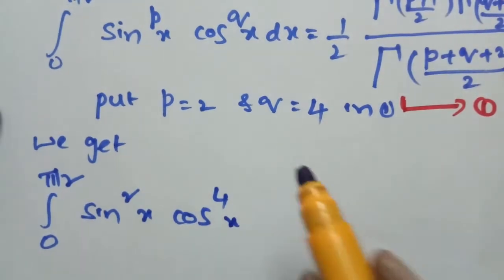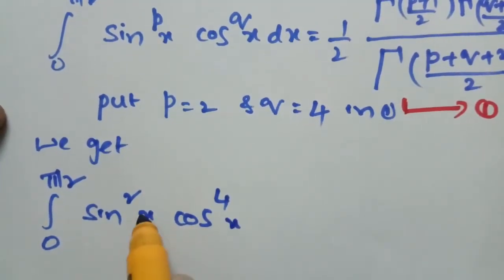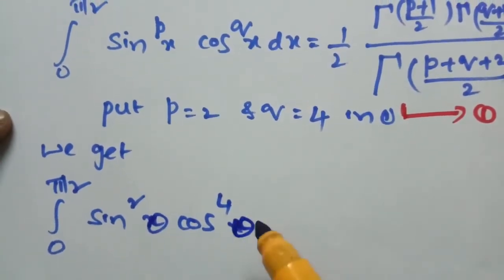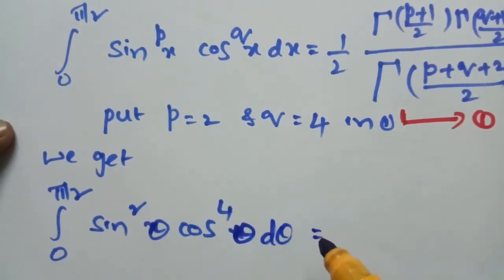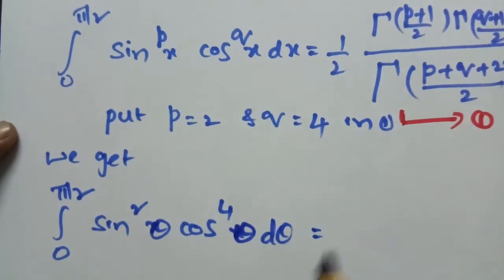In our problem he asked to prove in terms of theta, therefore here we take theta. Therefore this is equal to d theta. Instead of x in our problem there is theta, so we are using theta here.